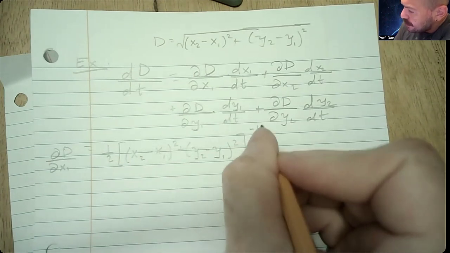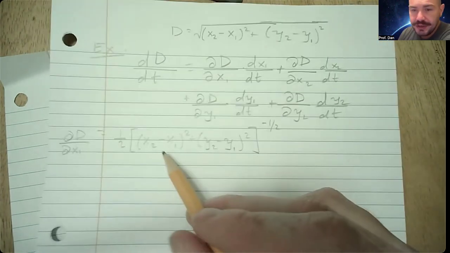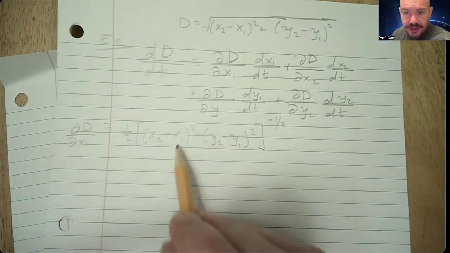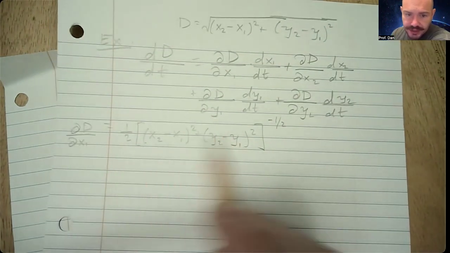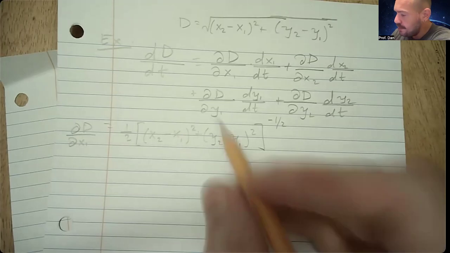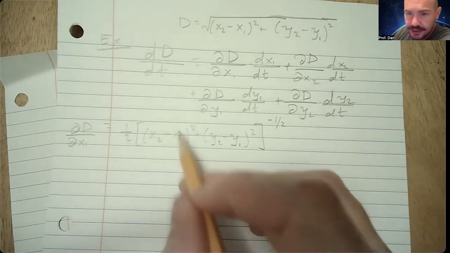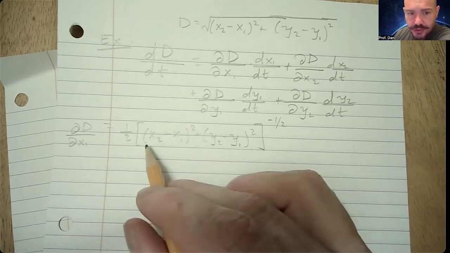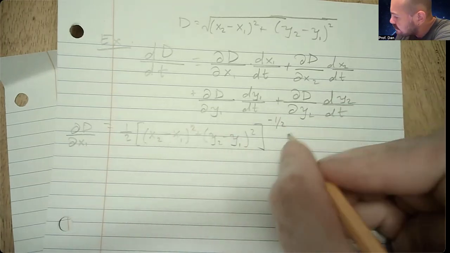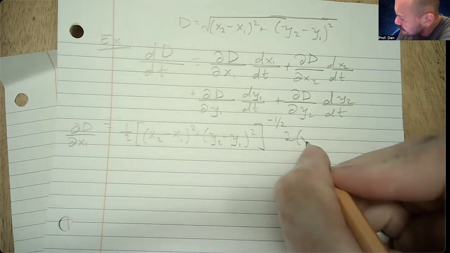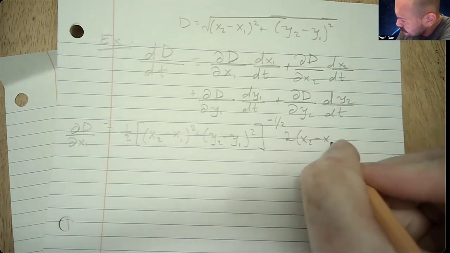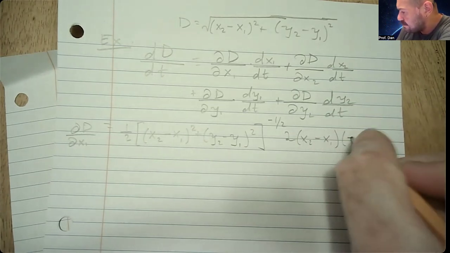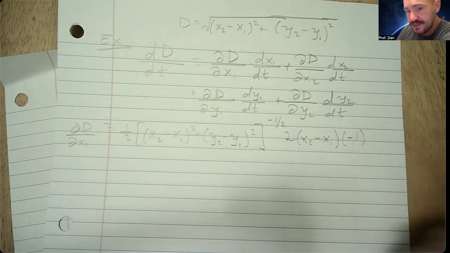Take one away from the power, and then multiply by the derivative of the inside. Luckily for us, x1 is the only variable on the inside. So the derivative of this term is all that really matters. That derivative would be 2(x2 minus x1), times -1, because the x1 has a minus in front of it.